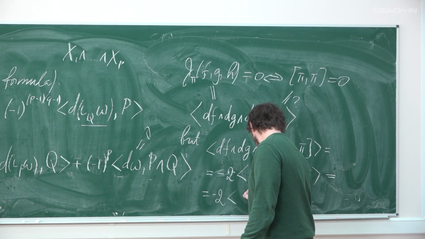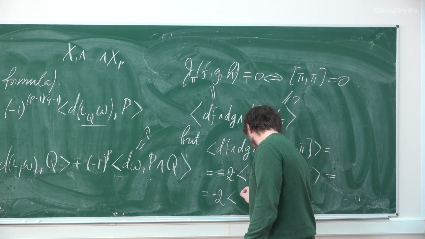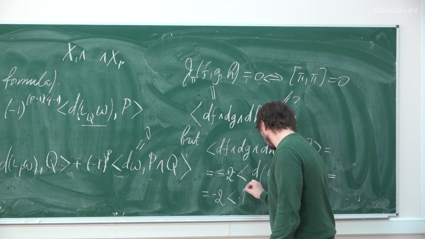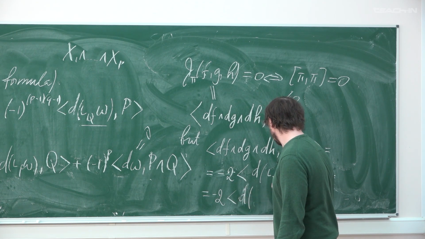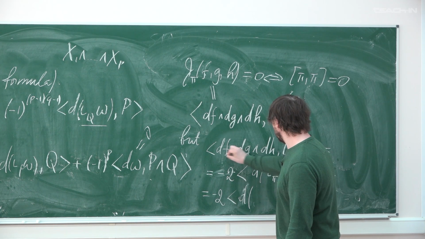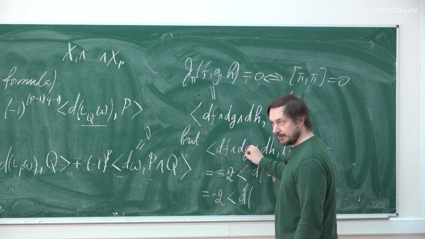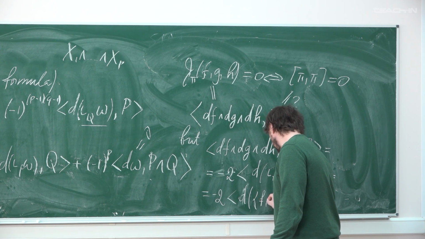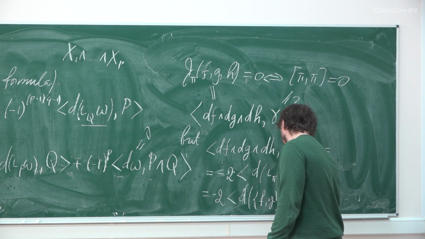It is this. You take the differential of the following sum. So first you contract pi with df dg, and this is just the bracket of f and g sub pi wedge dh.